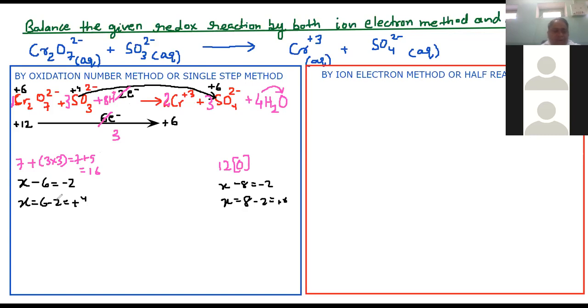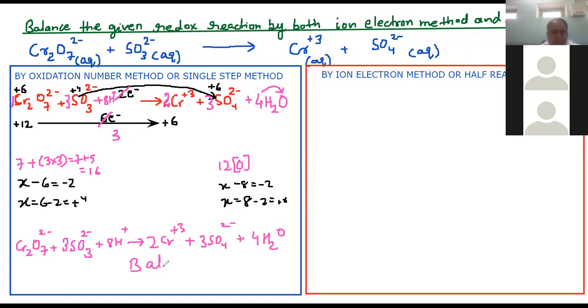And then very clearly we can write that the balanced reaction is Cr2O7 2 minus plus 3SO3 2 minus plus 8H plus, in acidic medium, gives 2Cr plus 3 plus 3SO4 2 minus plus 4H2O. Balanced.